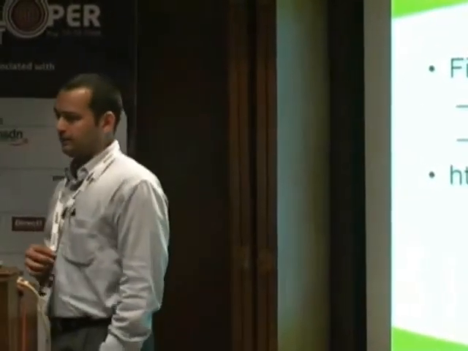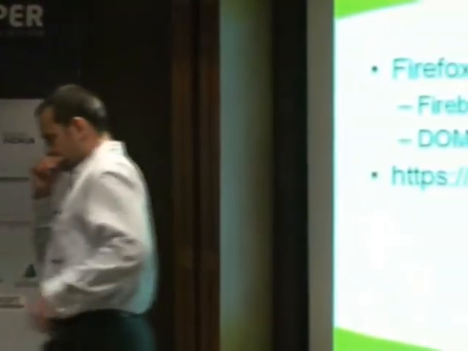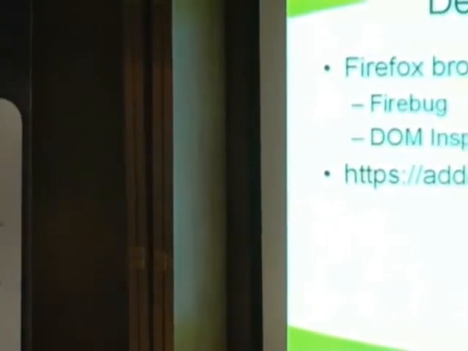How many of you have used add-ons like Firebug or DOM Inspector? These are some of the good developer add-ons which can be used while developing AJAX applications. They allow you to see the HTML content, because typically in AJAX you don't see the actual code that is getting generated.